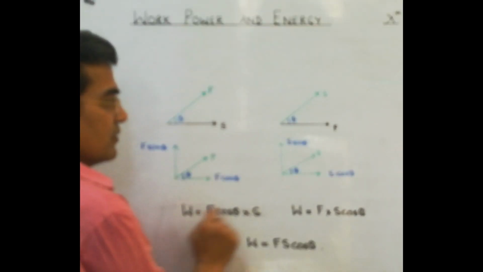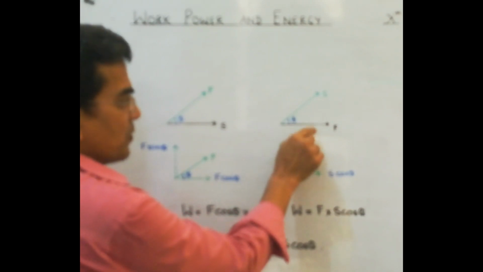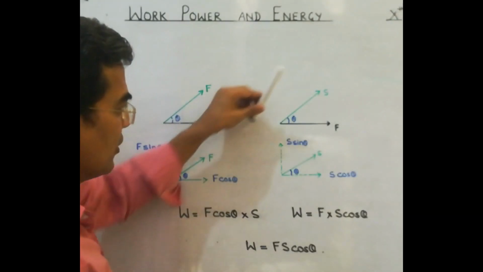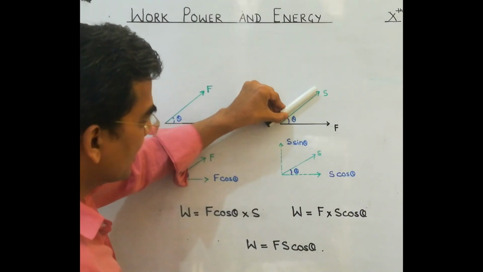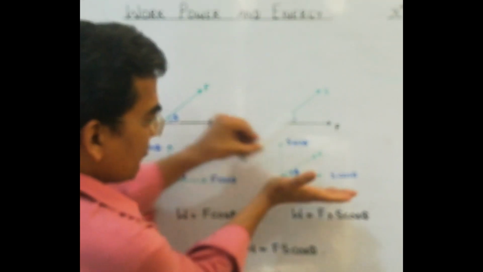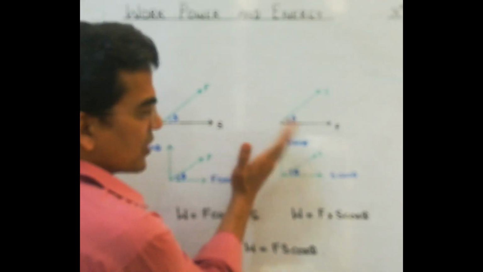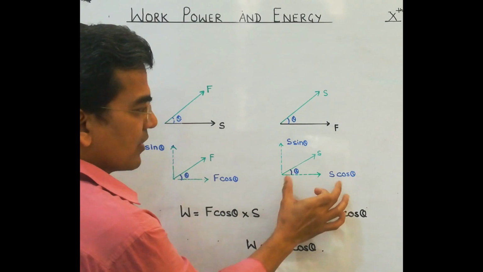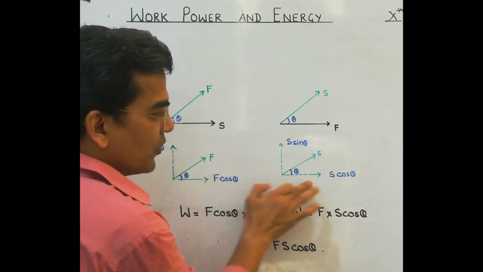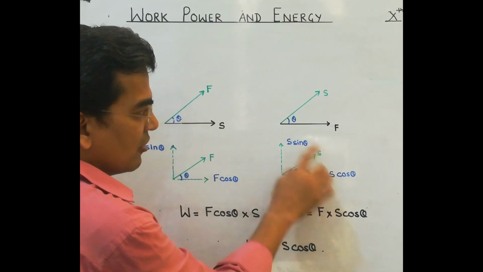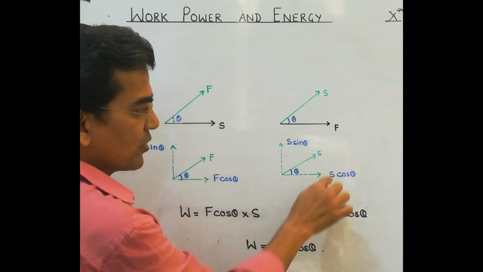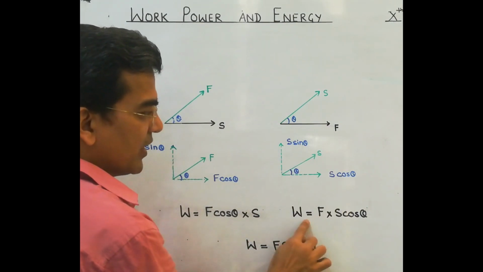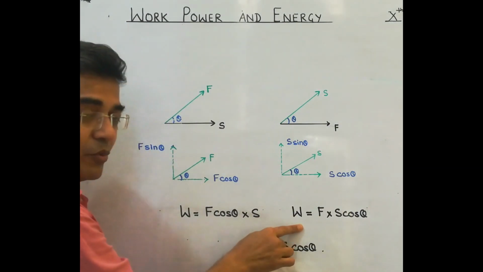Similarly in the other one, force and displacement were not in the same direction. So there we took the two components of displacement, horizontal and vertical. Now this horizontal component of displacement, which is in the direction of force, and the force will be multiplied and we will get the formula for work done.